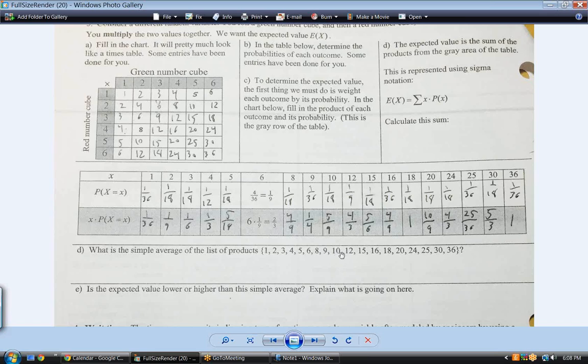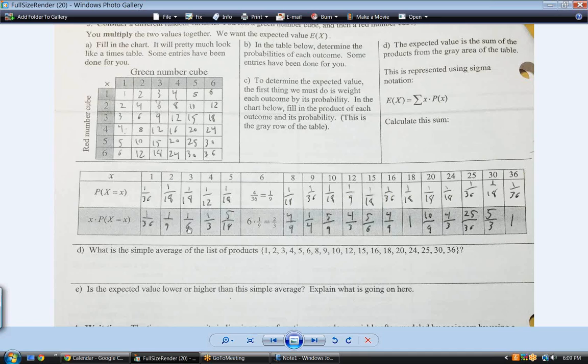When we take a simple average, we're weighting the 1 the same as the 36. When we do an expected value, we're going to weight the 36 much higher. In fact, there's more ways to come up with 30 than anything else. So you can see that it's much more likely to come up with 30 or 36 than it is 1 or 2 by a lot.